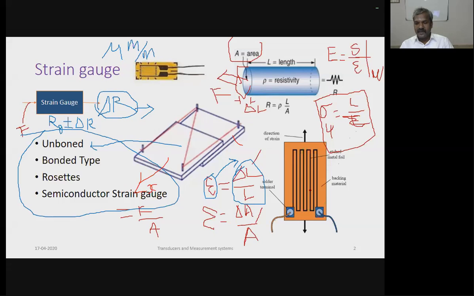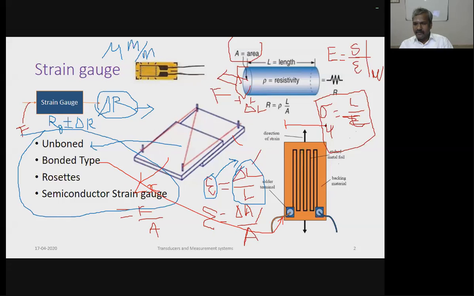This type of strain gauge is called the bonded type strain gauge. If you want to detect the strain on a particular surface, say a particular metal member, we have to bond this strain gauge filament. Actually, the size of the strain gauge is very small.